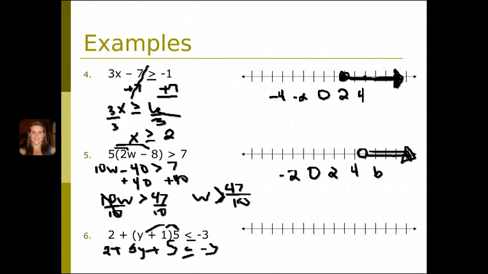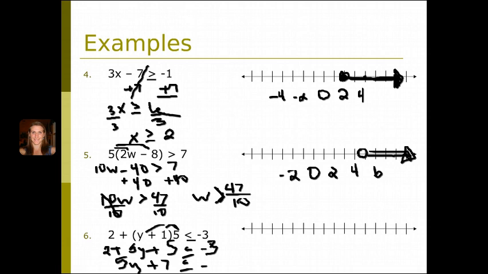We need to combine our like terms. So we would have 5y plus 7 is greater than or equal to -3.